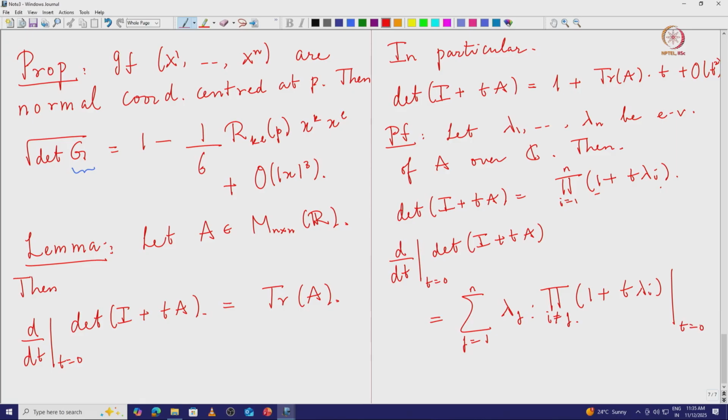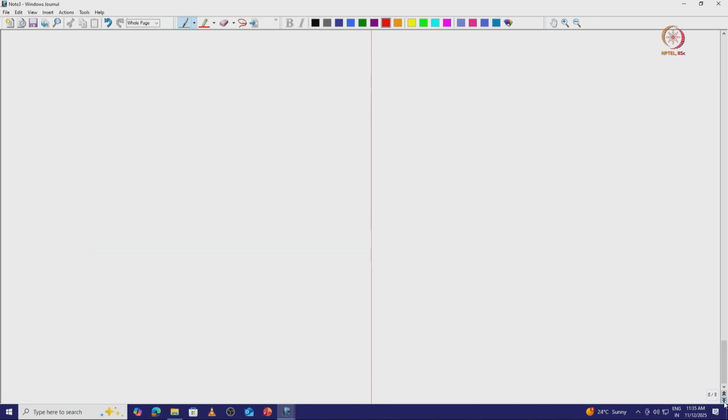So at t equals 0, this will simply be the summation from j going from 1 to n of lambda j, which is precisely the trace of A. Okay, so that proves the formula for the derivative, and then the in particular part is just Taylor's theorem. Okay, so now I am going to use this to prove the proposition.